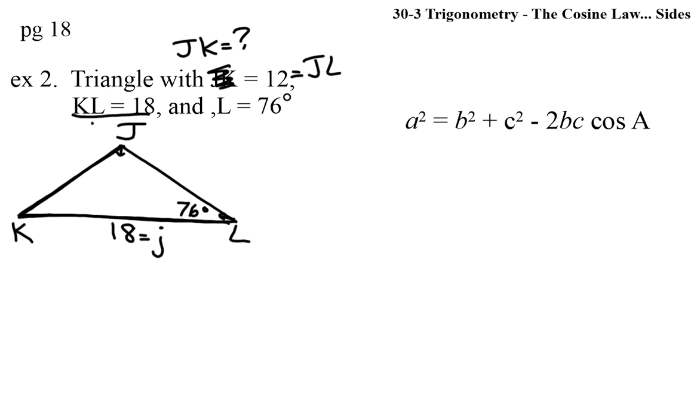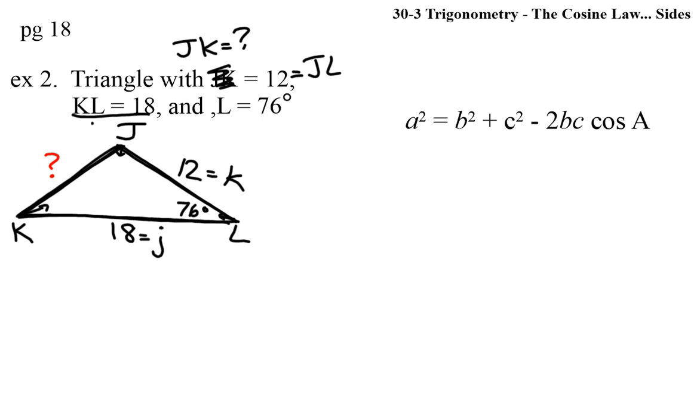Let me just make some adjustments. JL is 12. And that isn't side L anymore. JL is opposite side K. So that would be side K. Now, we want to determine the length of JK. Here's what we want to know. Sorry about that misunderstanding. Look in your book. Don't look at what's up here right now, and it'll make sense.